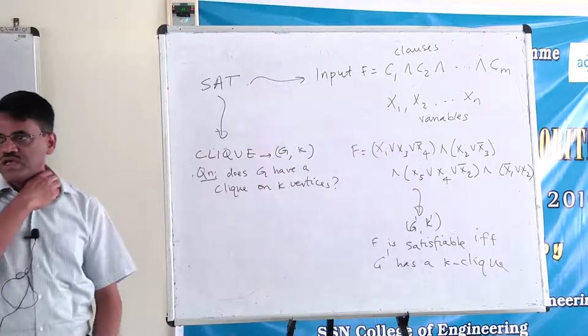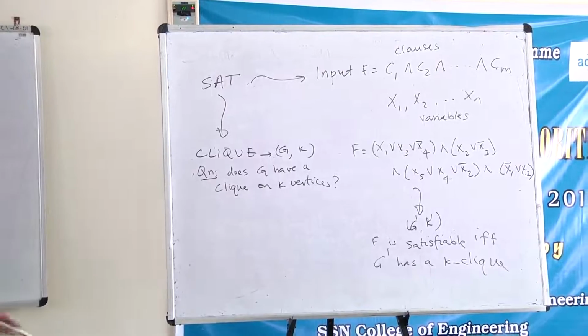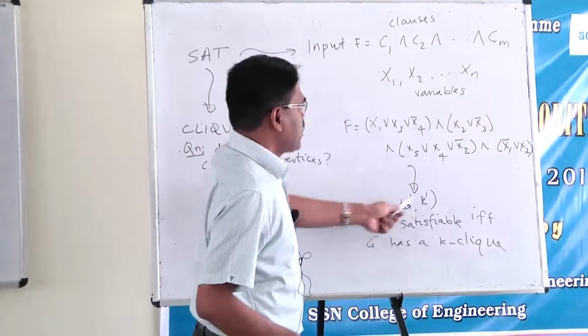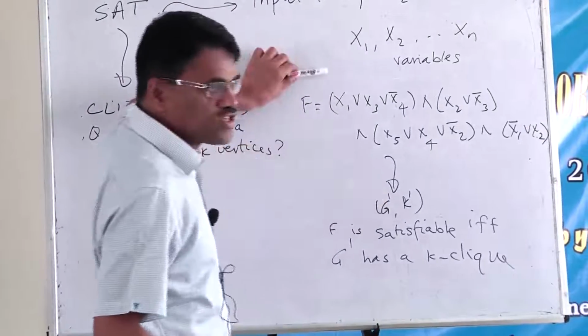Some transformation, we want to take your input Boolean formula and transform it to a graph with the property that if there is a k-clique, then k is also your choice. You will come up with some k'. So this graph and the k' depend on this formula.